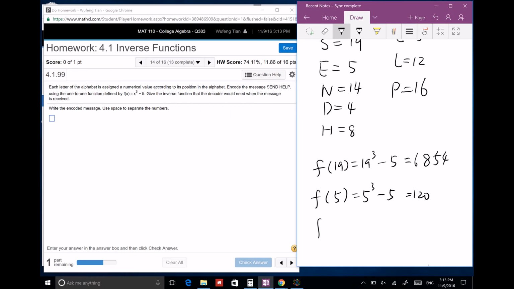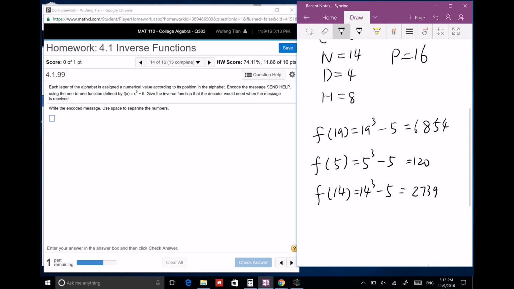Okay, so f of 14 equals 14 cubed minus 5, which is 2739. And f of 4 equals 4 cubed minus 5, which equals 59.